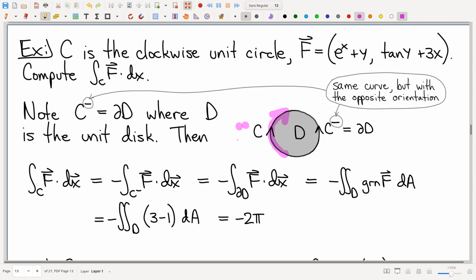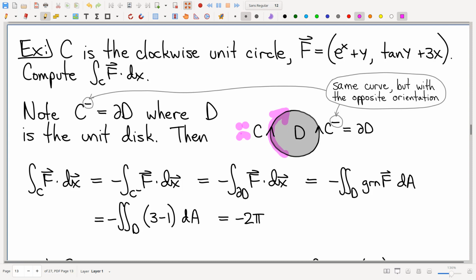It violates the big rule. If it's going to be a boundary of that disk D, it would have to go the other way, and it isn't, so it's not, and we lose. You cannot invoke Green's theorem on this curve here. Does everybody see the problem?